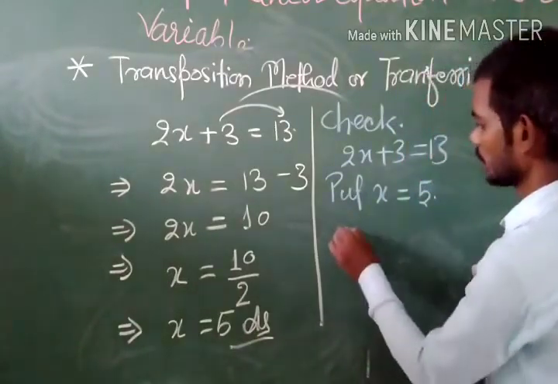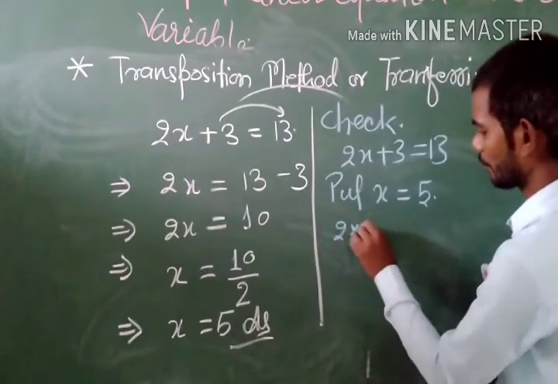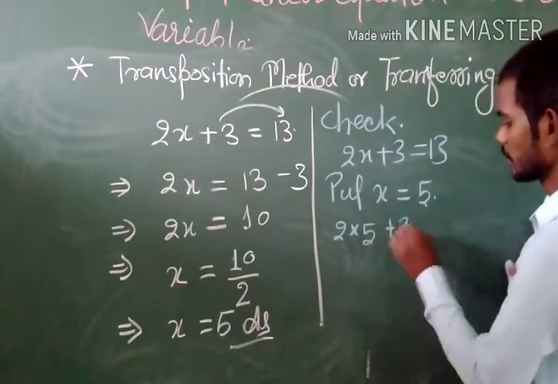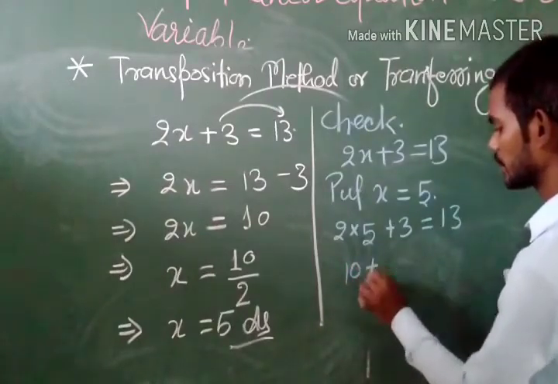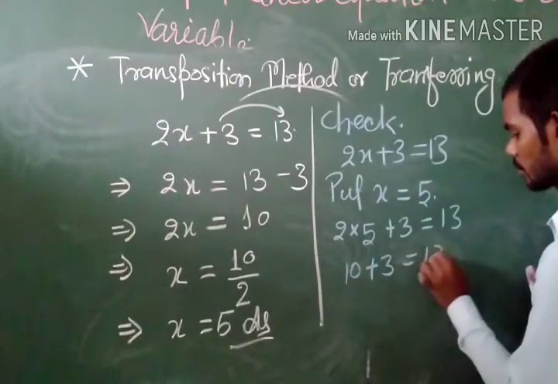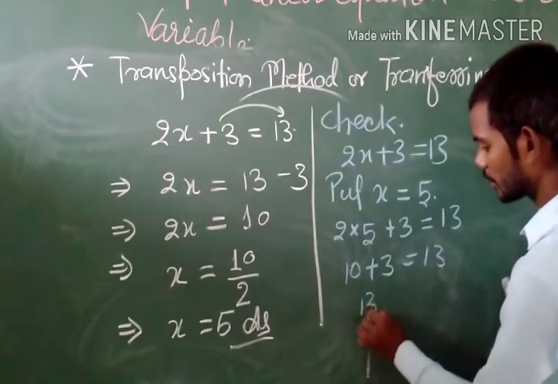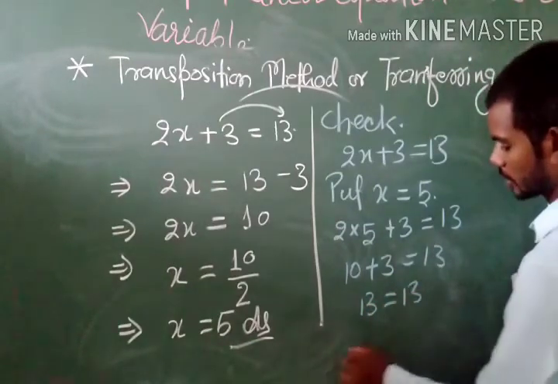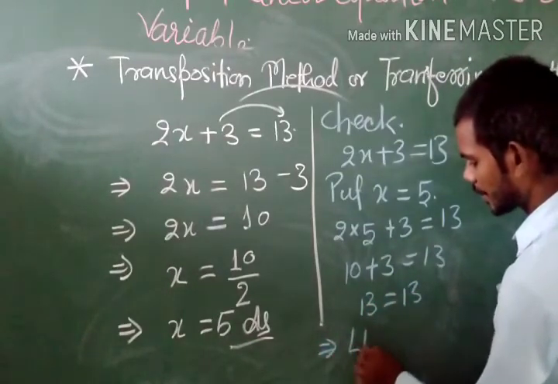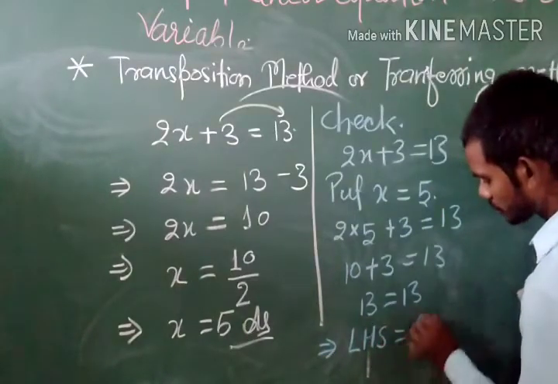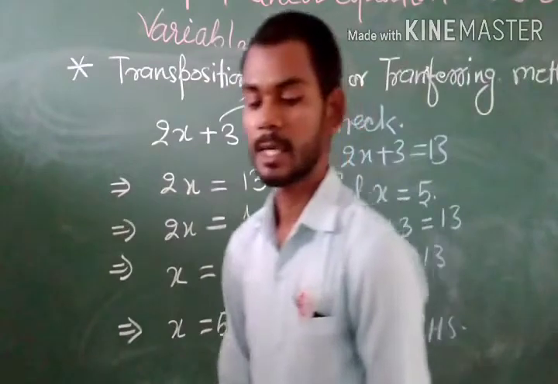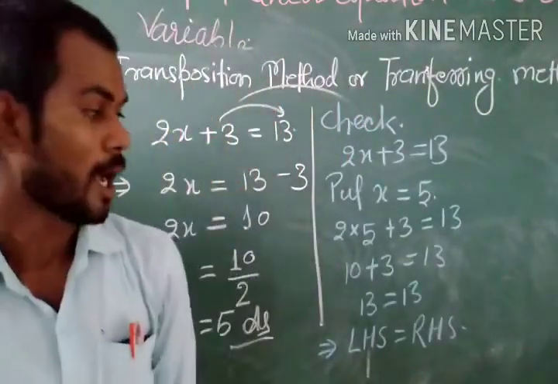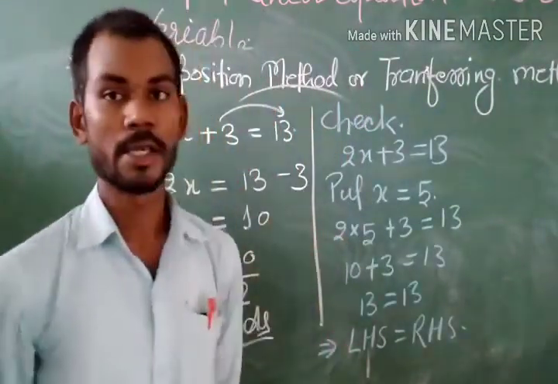So we have 2 multiplied by 5 plus 3 is equal to 13. 10 plus 3 is equal to 13, or 13 is equal to 13. This implies left hand side is equal to right hand side. So we can say that the solution of our equation is true.